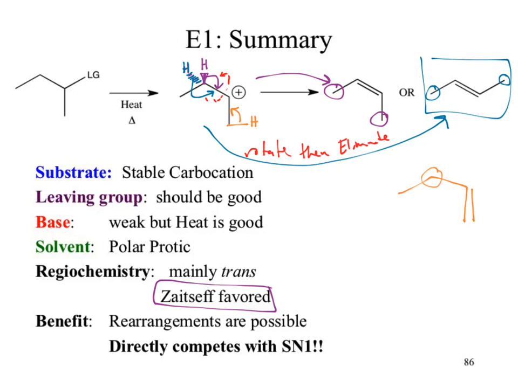Okay? If we moved into the next part, rearrangements are possible because you form the carbocation. The other big, massive issue with E1 is it directly competes with SN1. They are both doing identical processes. The only thing that differentiates them is the second step, the second step that literally is irrelevant to both of their mechanisms. So it becomes very difficult.